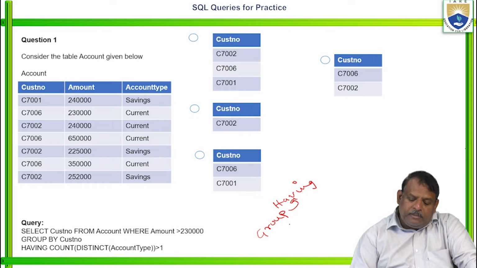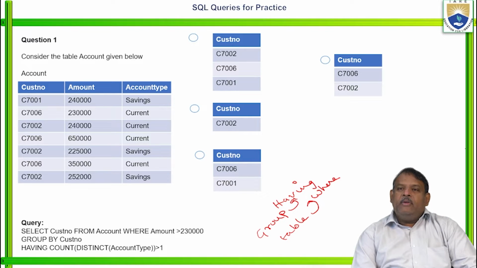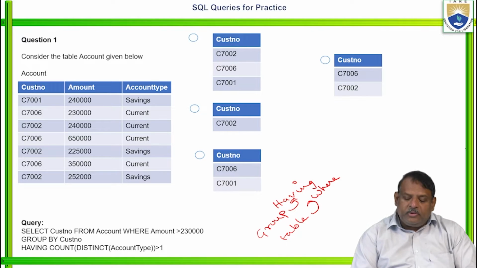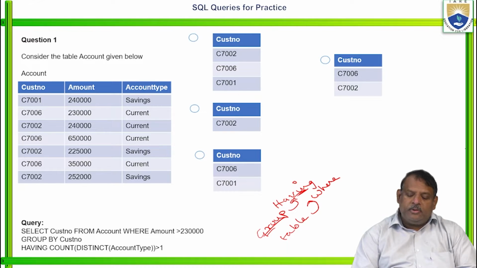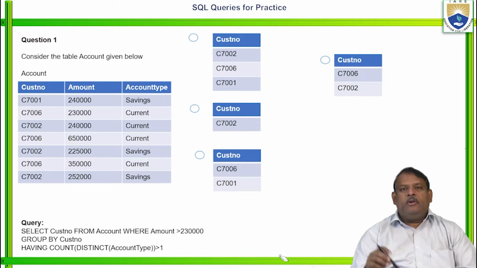For the select statement, for the table data, if you want to restrict, we have to use a where clause. So there is a difference between where and having clause. Having clause should only be used with a group by statement. If there is no group by, we cannot use a having clause. That is the introduction of group by and having clause.